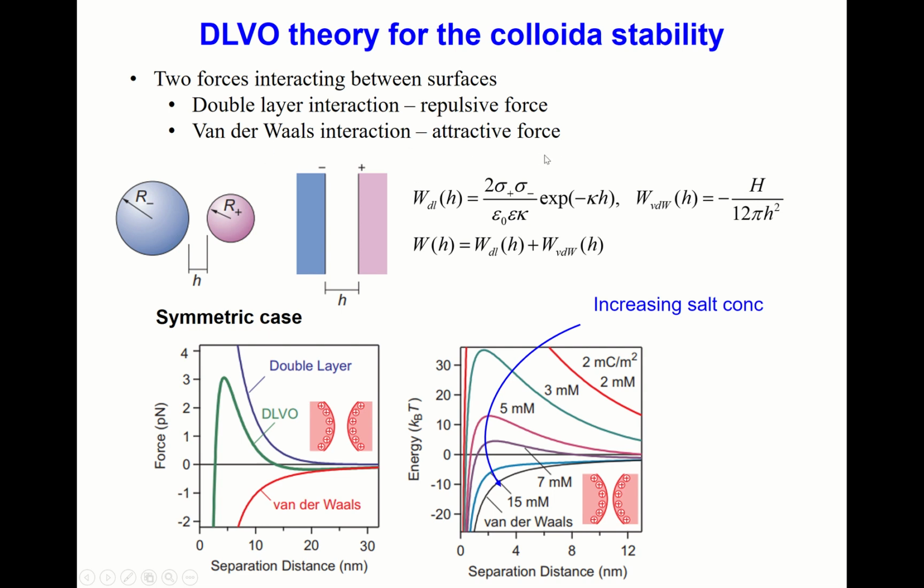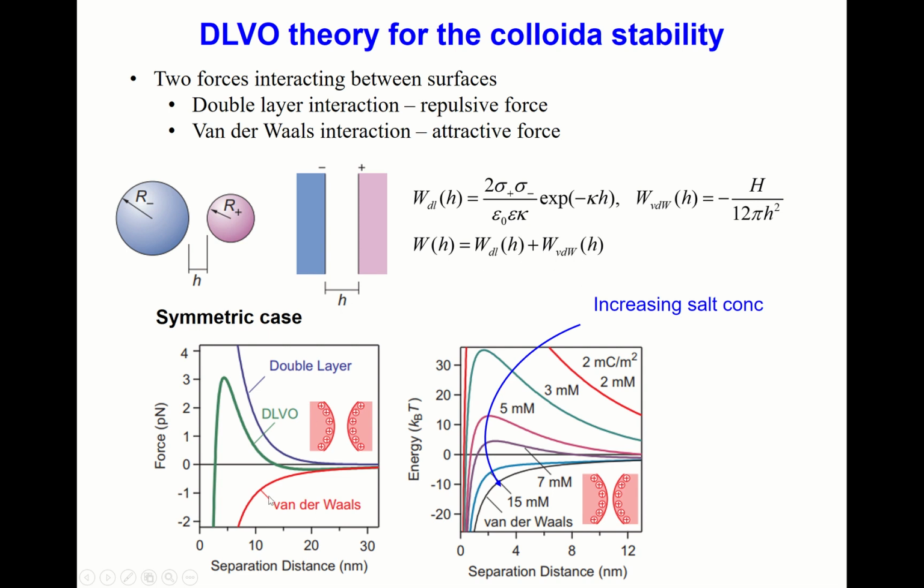So two different kinds of forces are working between colloidal particles or any surfaces. Van der Waals force is expressed by this equation. So the total interaction energy, where W is energy or work, is the double layer interaction plus the van der Waals interaction.